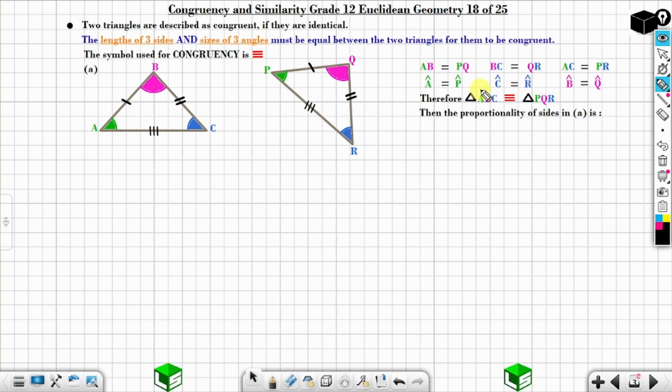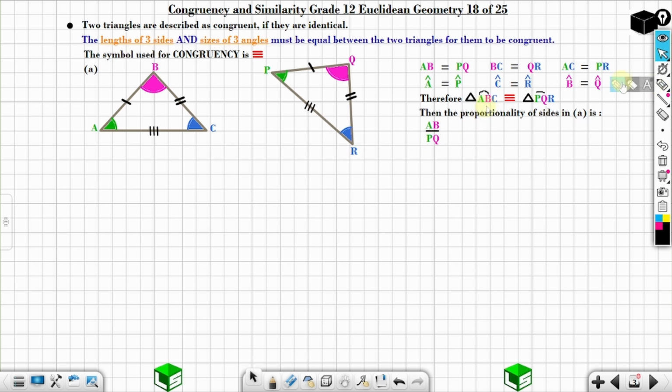So, use first and second letter. So AB over, in this triangle, you are going to use the first and second letter as well. So you have P and Q. So AB over PQ.